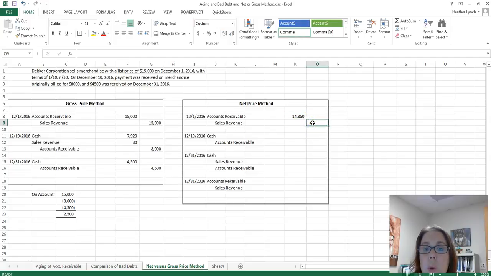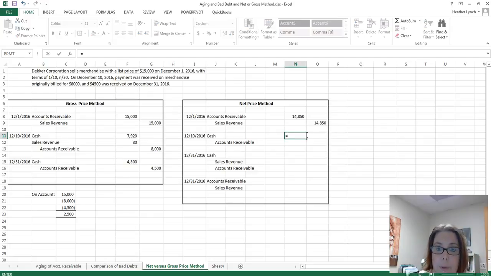So $14,850 is what we are actually going to put in our accounts receivable and in our sales revenue. Then on December 10th, they took the discount. So that one is the same.